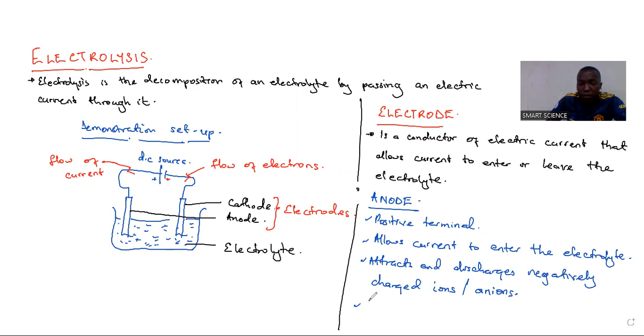The anode still involves reactions which allow loss of electrons, and when a compound loses electrons to the terminal, it becomes oxidized.